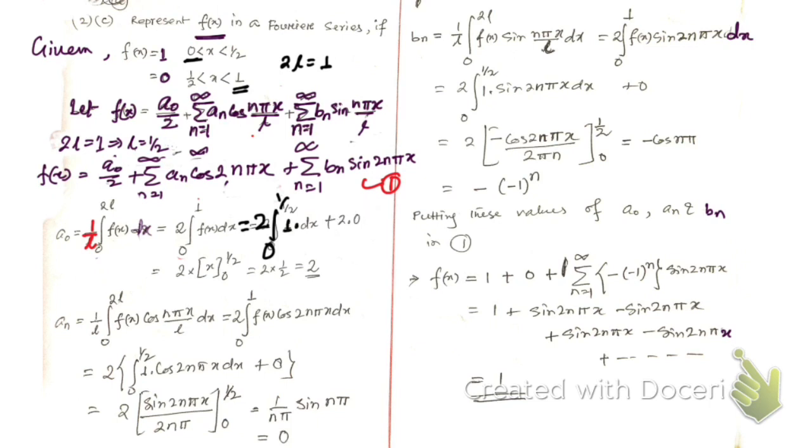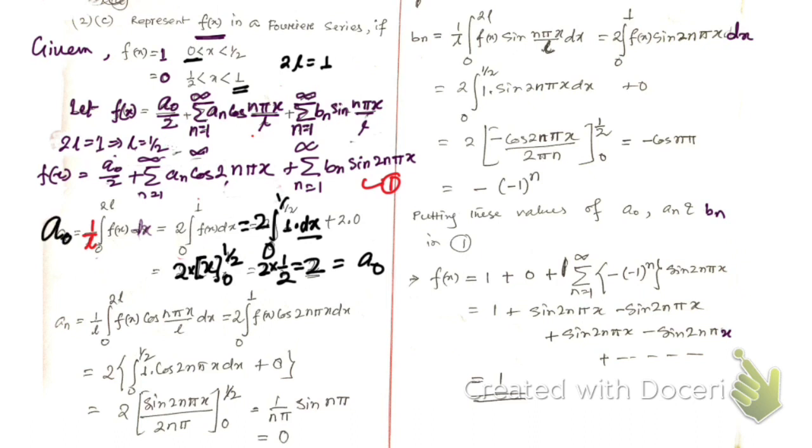Here 1 into dx, so integrating dx we're gonna have x from 0 to half. So here we have 2, and on putting the upper and lower limit, we have 2 into half, so the 2 cancels. That's why we have got 1. So this is the value of a naught, right?